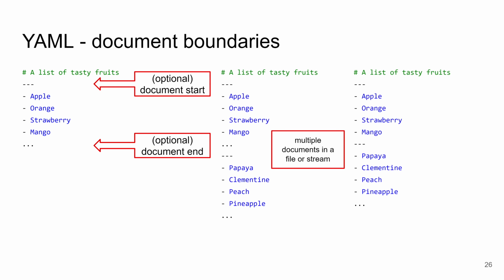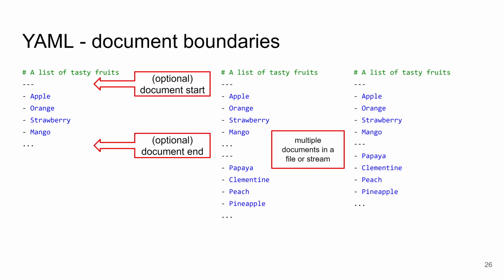However, there is a more complex usage of this. The first one, in the middle of the slide, you see 2 documents, one after another. So 3 dashes, then a document containing a sequence, and 3 dots. And again, 3 dashes and at the end 3 dots.